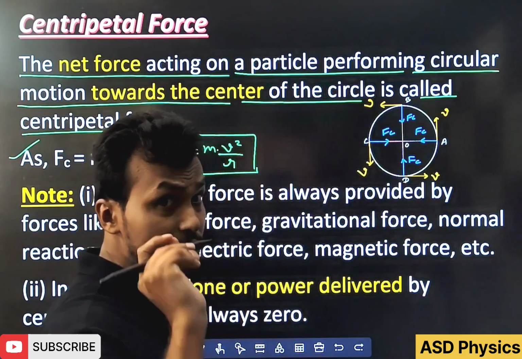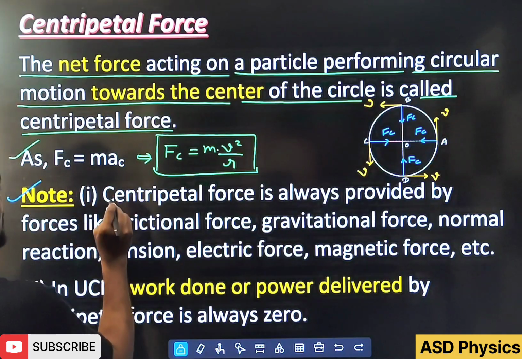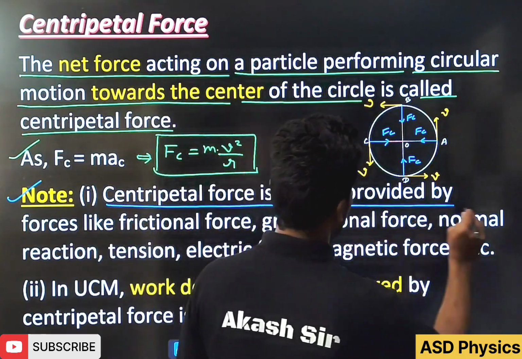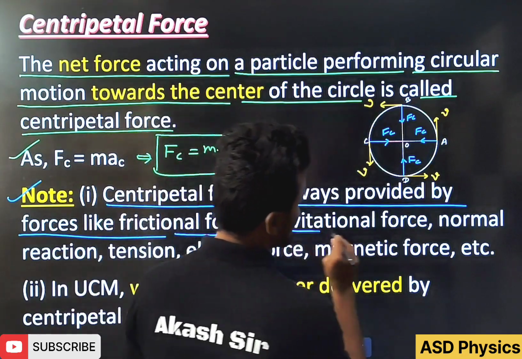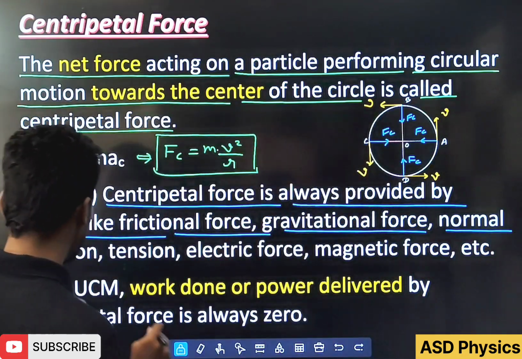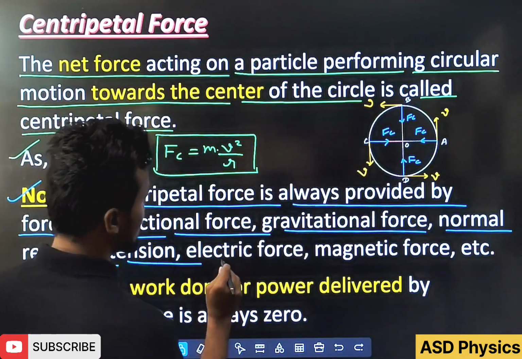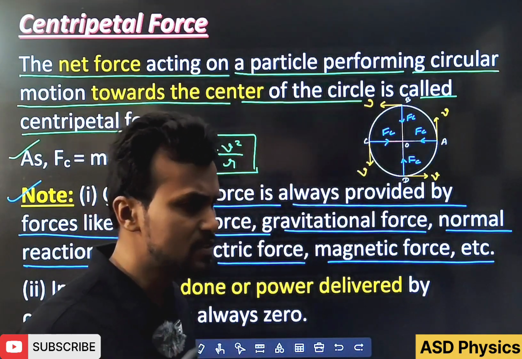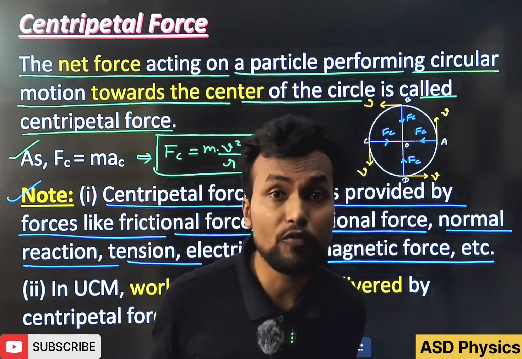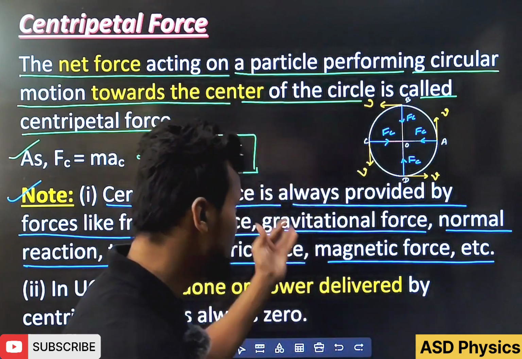But very, very important, see here under the note, centripetal force is always provided by forces like frictional force, gravitational force, normal reaction, tension, electric force, magnetic force, etc. Centripetal force is not any new kind of force. This is always provided by this kind of forces.